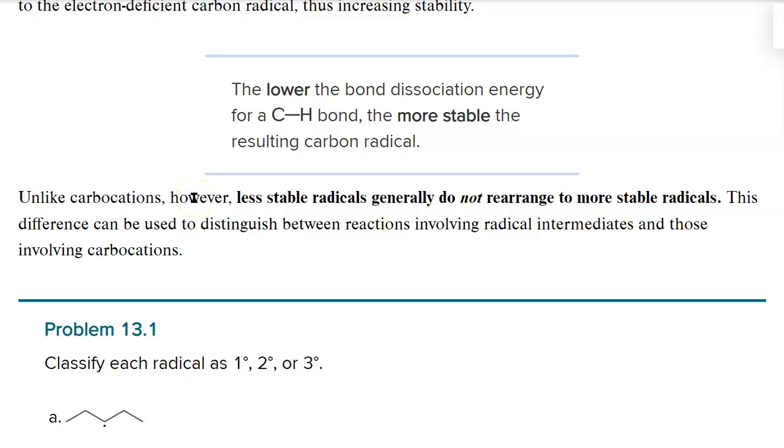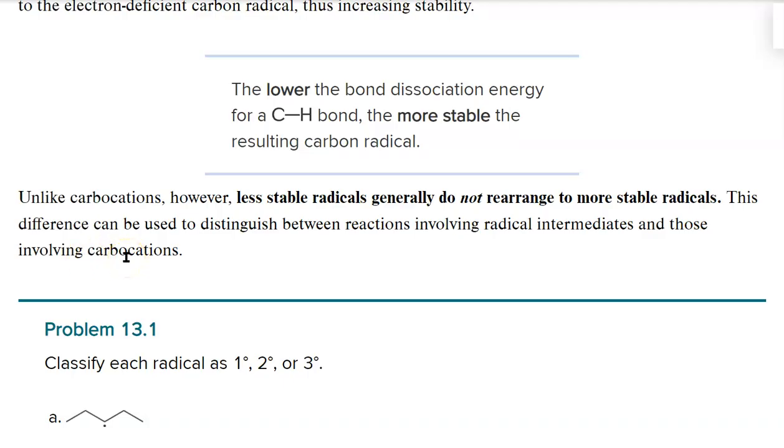Now, here's where there's a difference. Remember how carbocations would rearrange? You could do a hydride shift or a methyl shift to create a more stable situation. Radicals generally don't rearrange to make more stable radicals. And you can actually use that to distinguish between radical intermediates and carbocation intermediates.